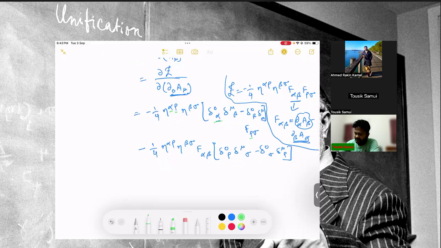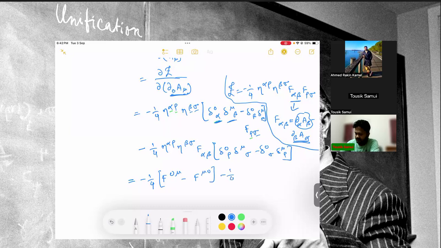So eventually it will become minus 1 by 4 F, where alpha and rho are contracted, so in every place alpha rho will be replaced by 0, from the first term. And from this one, beta contracted, sigma contracted, and then it will be mu. And from the second term it will be just the opposite to this.